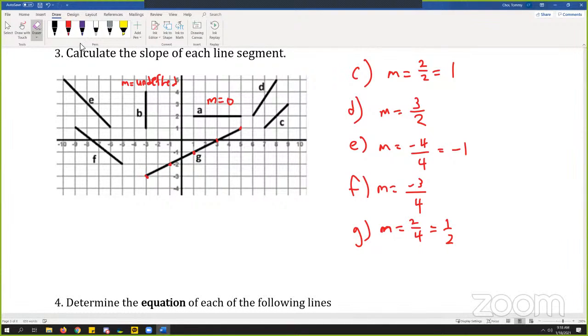You could have definitely drawn other triangles like 1 over 2 here. Or you could have even drawn all the way down here, which would be 8 and 4 for a rise over run, which you should still end up as the final slope being 1 over 2. This is the important part. Regardless of which triangle that you used, your slope should still be the same.